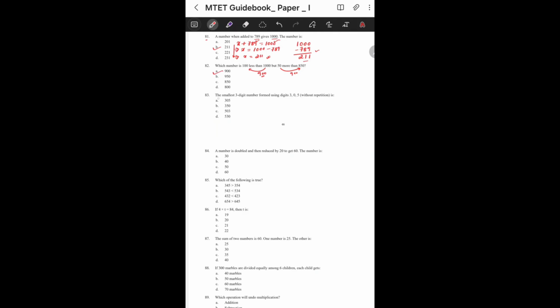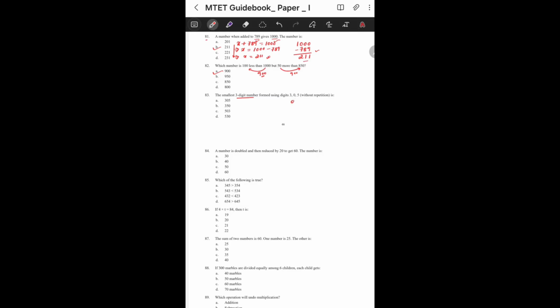Next question, let's see. They ask, the smallest 3-digit number formed using the digits given here, 3, 0 and 5, without repetition, is which one? The rule we know to find the smallest number is to write the smallest value first and continue.